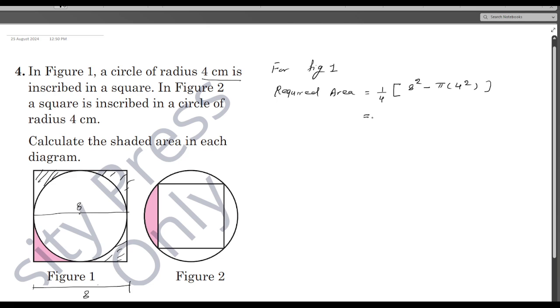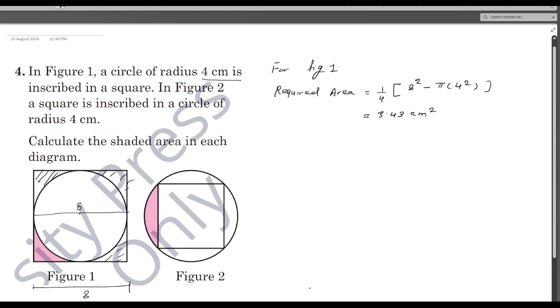So 8 square minus 16 times pi, and that divided by 4. Your result will be 3.43, unit centimeter square.